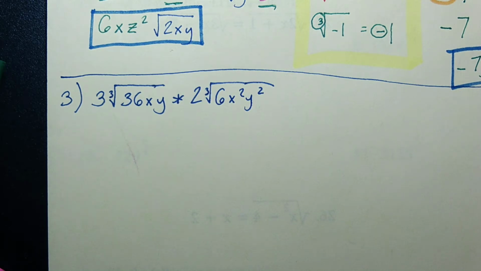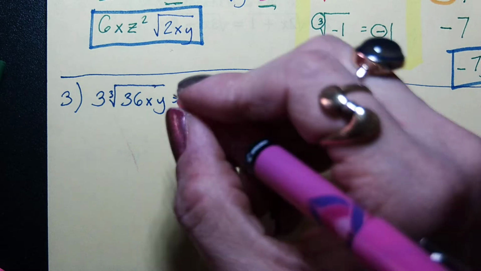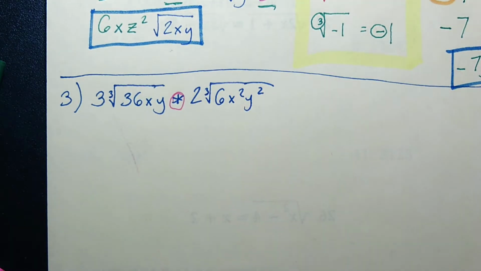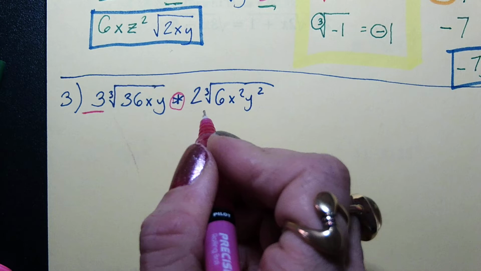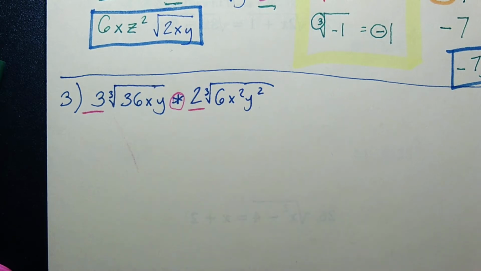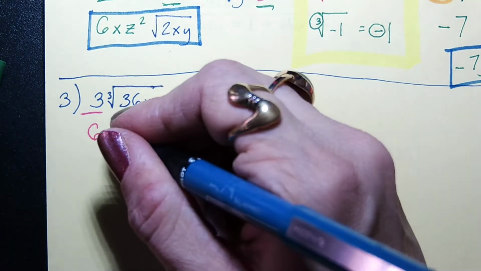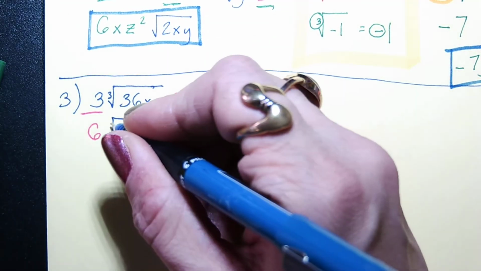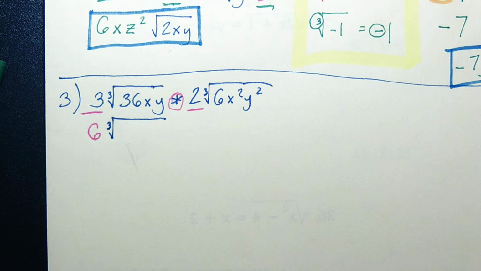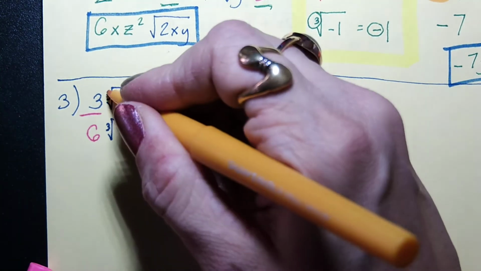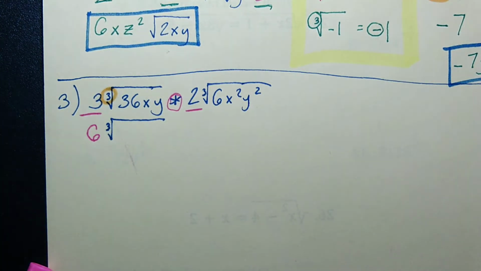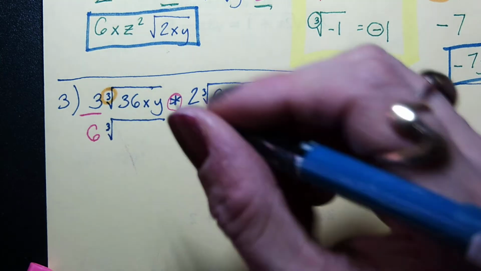So how many radicals do we have? 2. So that means we're trying to carry out an operation. These two radicals are joined by multiplication. So I'm going to multiply my coefficients together. 3 times 2 is 6. And then I'm going to multiply my radicals together, making sure I include that index of 3. So 36 times 6 gives me 216.